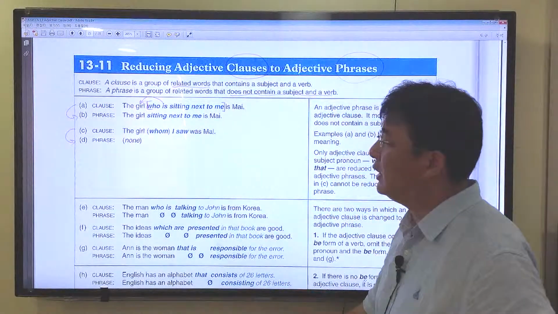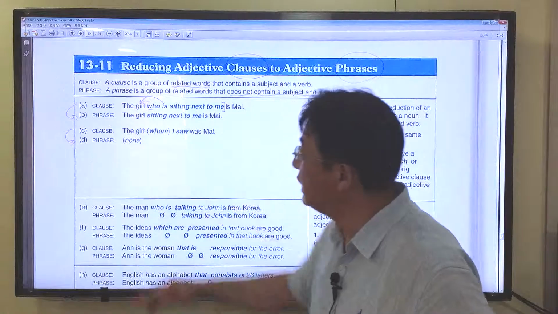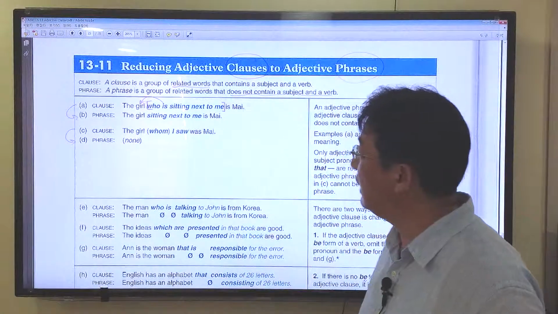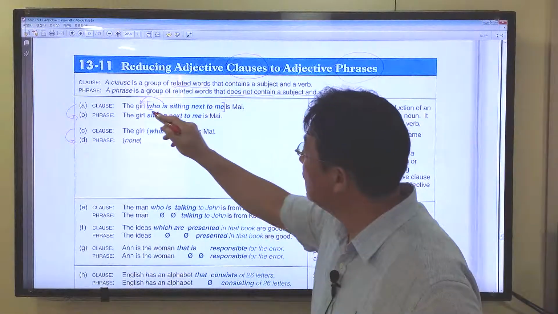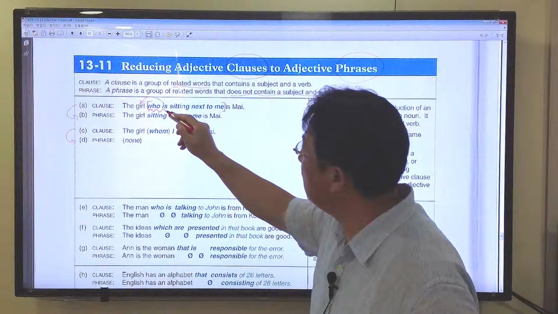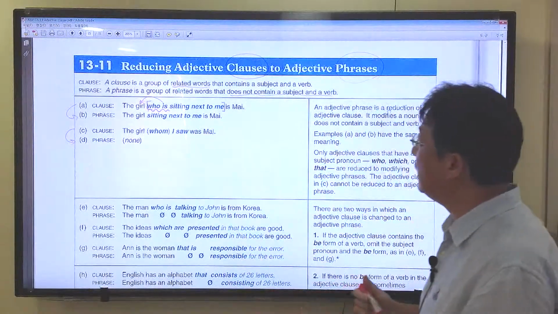Then what happened to the next example, the phrase? The girl sitting next to me is May. So what is the difference between this and that sentence? The relative pronoun and be verb are omitted from the second example.